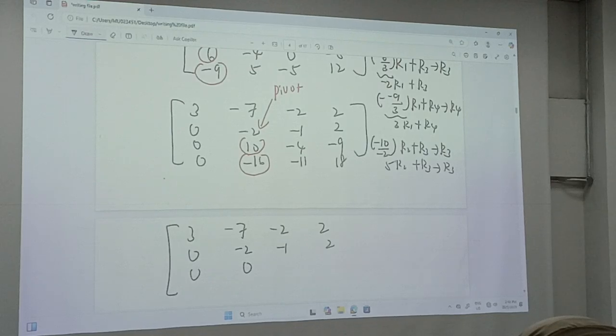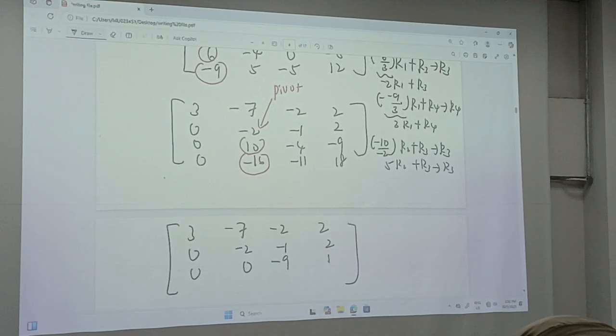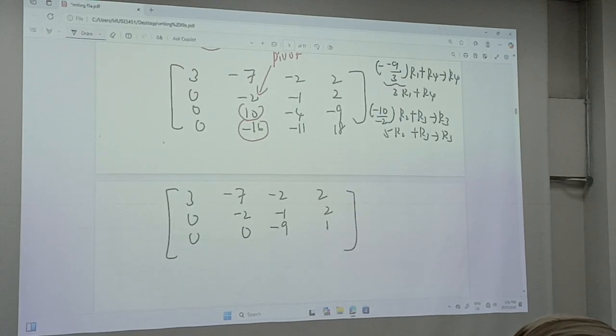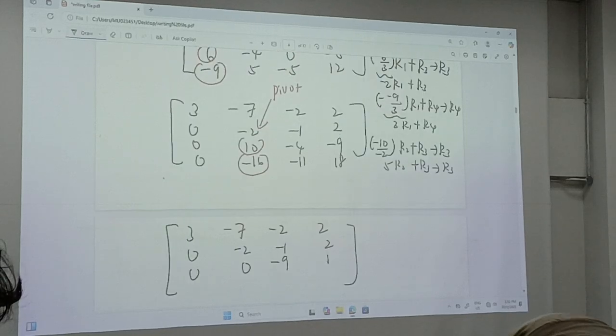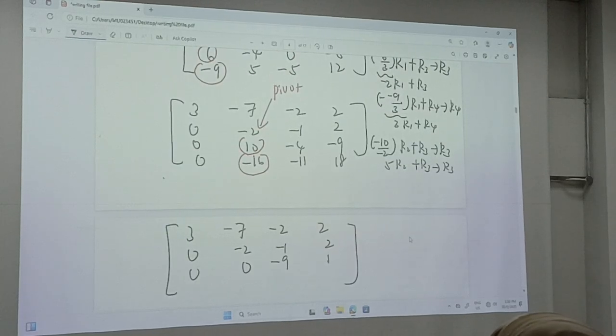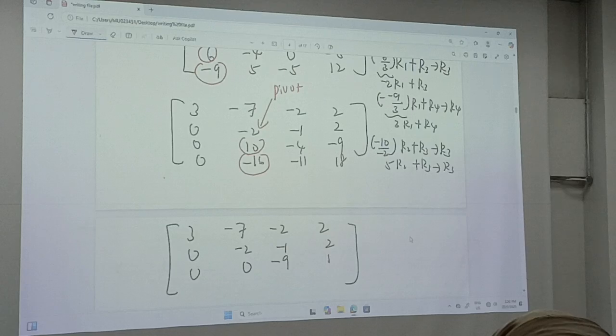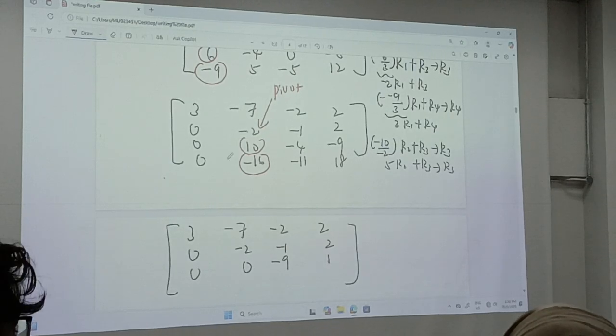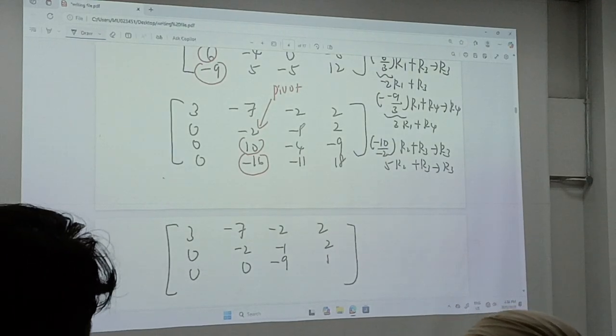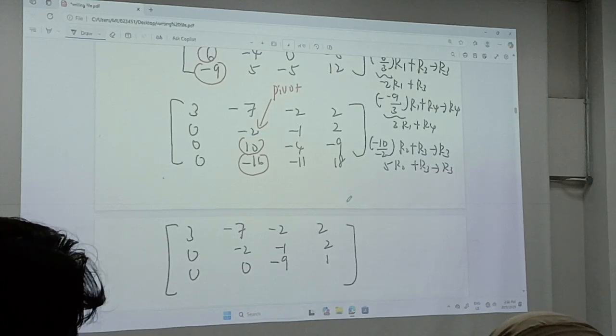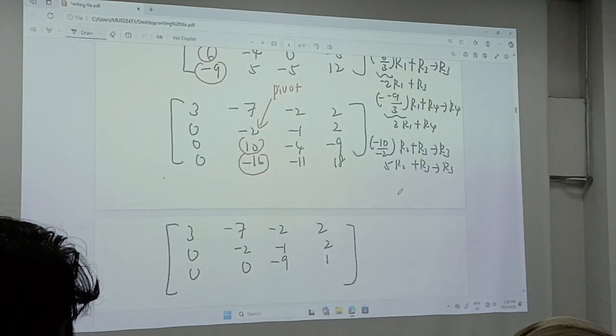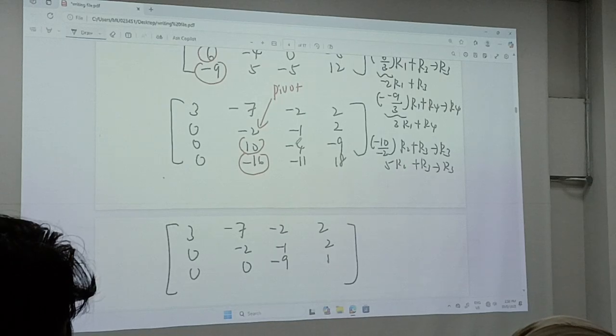So 5 times R2, R3. Yes, 5 times R2. Negative 4.